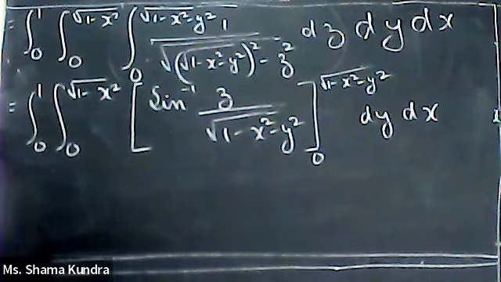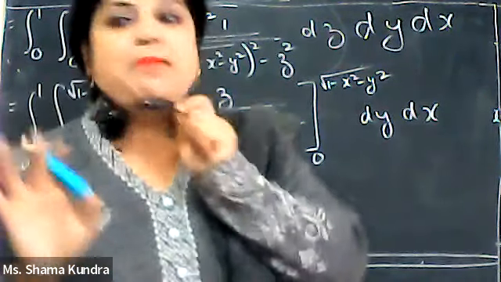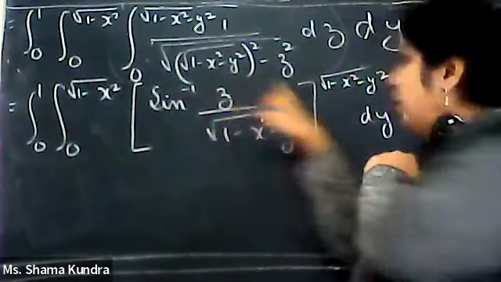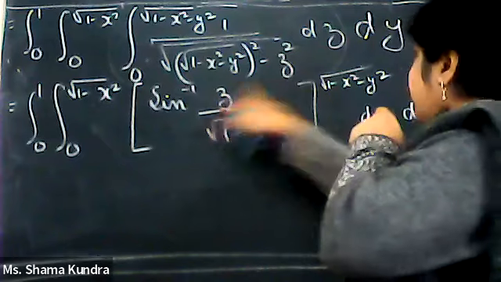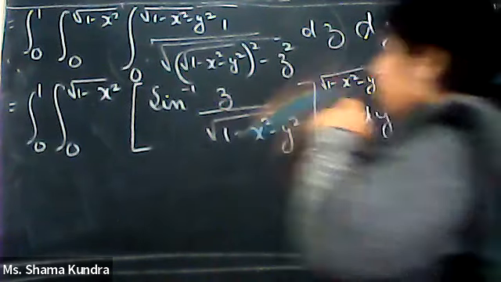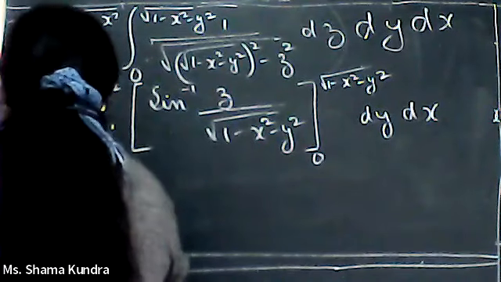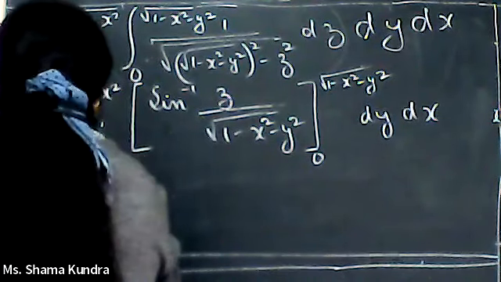Now the next step is to fill the limits. Simply upper limit minus lower limit. How? See how we can solve it. 0 to 1, 0 to under root of 1 minus x square.